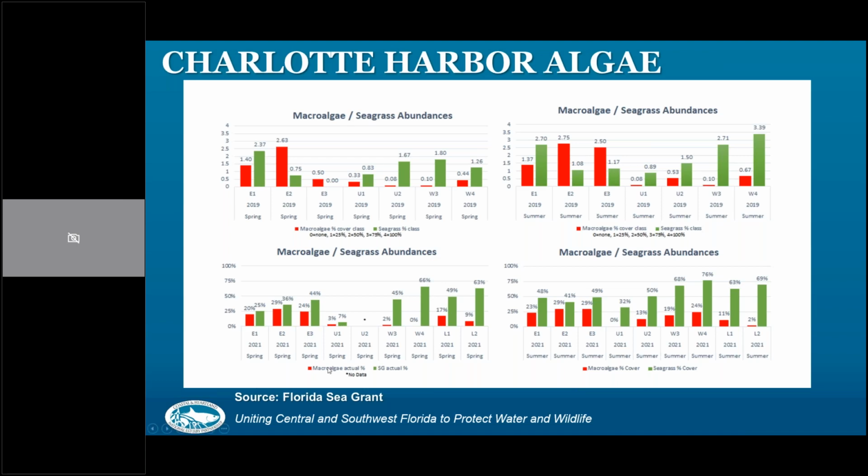And when you look at the bottom portion of these graphs, there is some macroalgae in spring of 2021. And you can start to see the shift back to seagrass in the summer of 2021 that you didn't see. There was a different balance looking at summer of 2019 and spring of 2019, and you start to see that balance shift here in 2021. Again, another indicator that this system is slowly recovering from some of those impactful episodic events.